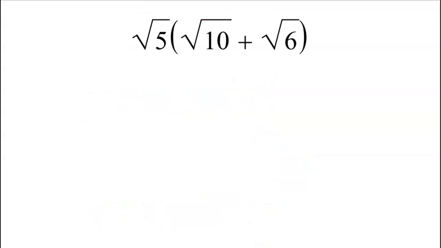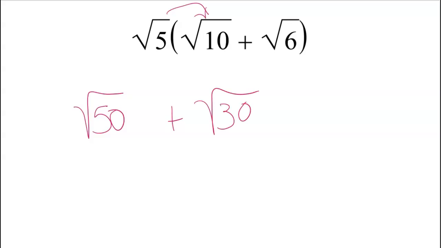Okay, let's try this one. Radical 5 times radical 10, that's radical 50, plus radical 5 times radical 6, that'll be radical 30, right? Well, 50 can go down to radical 25, radical 2. 30 doesn't have a perfect square that can come out of it, so we're just going to leave that as a 30.